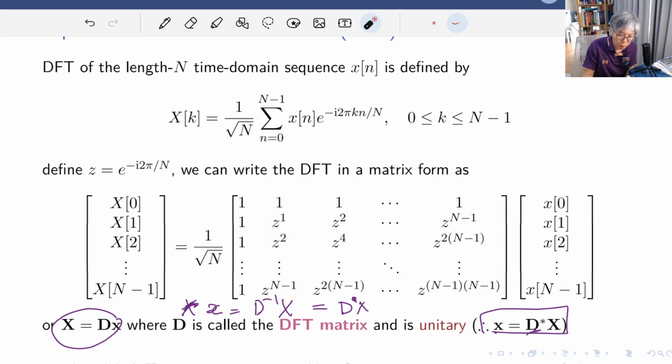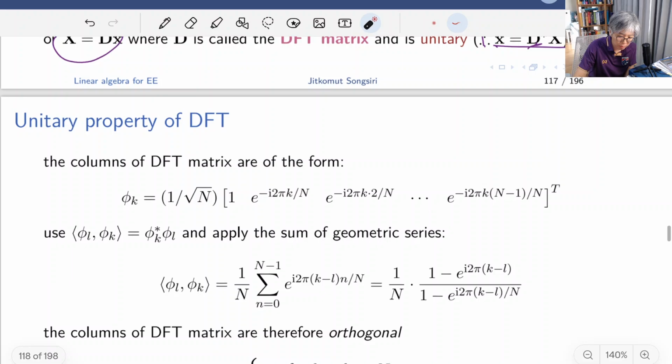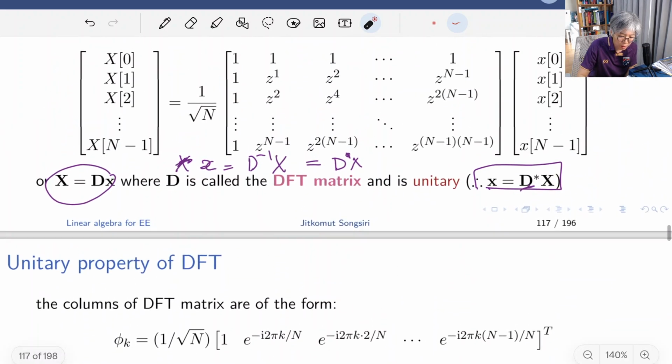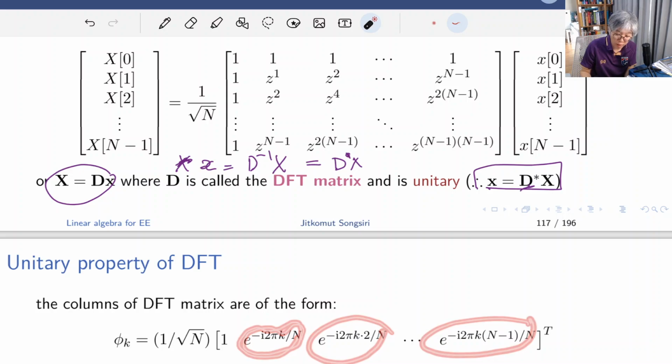So the entries in each column form a geometric series. If I construct phi k, which is any column in the DFT, it takes the form of 1, z, z squared, up to z to the N minus 1.